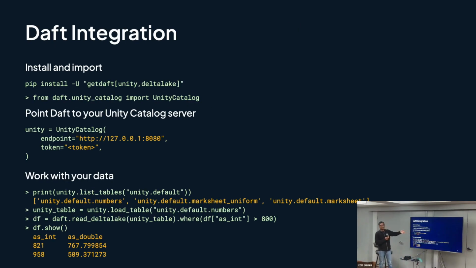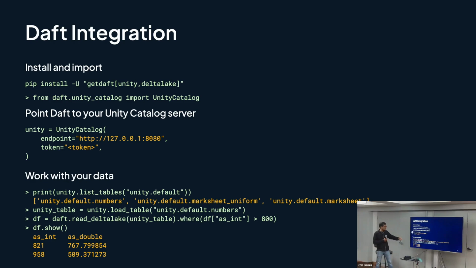So, Daft integration. We're working with many partners to integrate with various engines out there, and I'll give a couple of examples here: Daft and Spark. Daft integration is pretty straightforward. You install the Daft Unity connector, and then point your Daft to the Unity catalog server. You need to give the endpoint, which is the catalog server, and you need to give the token. This token is the identity token for Unity.